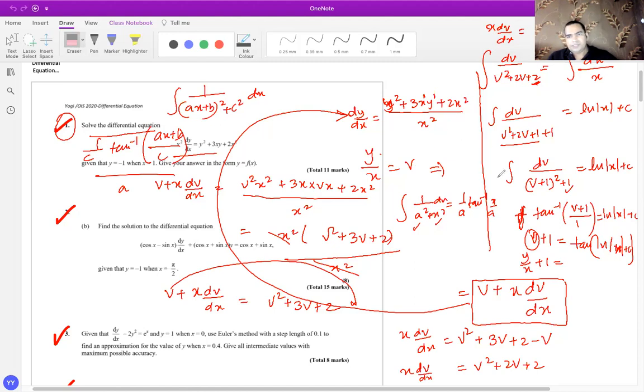So that's how you integrate this particular question using homogeneous. Don't forget to use this towards the end, because this carries maybe around 3 to 4 marks. So you plug in x equals 1 and y equals negative 1 to get the constant of the integral. So yeah.